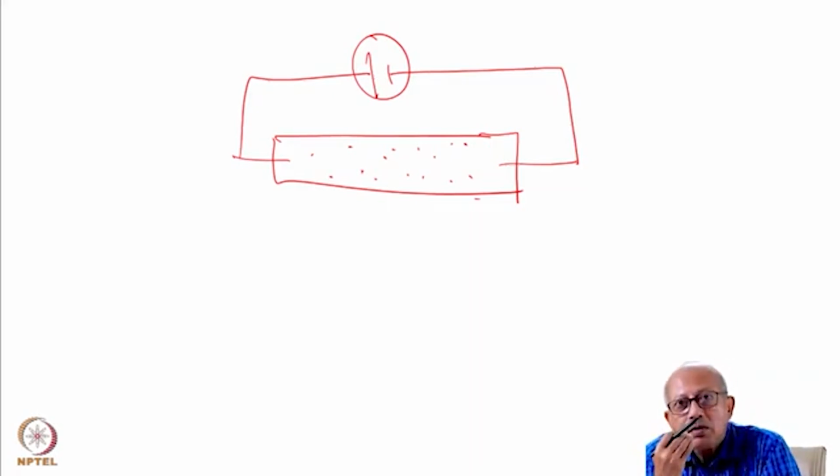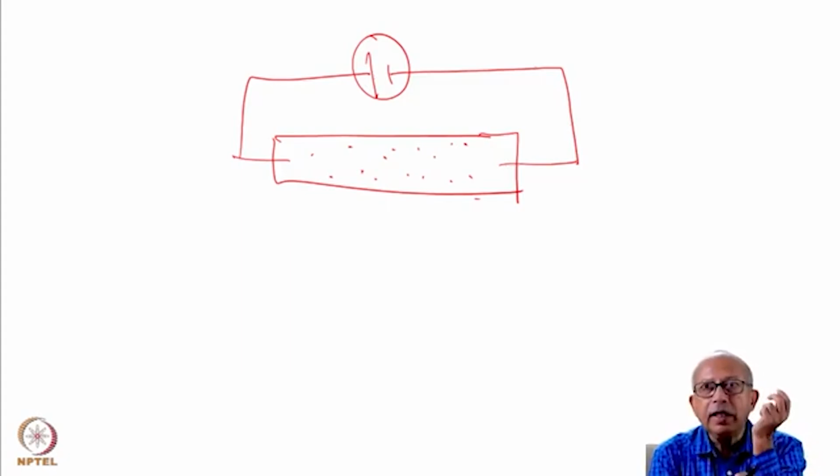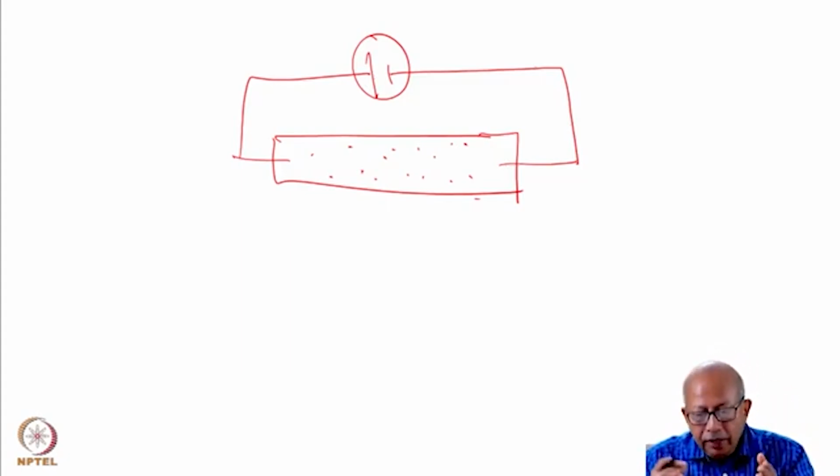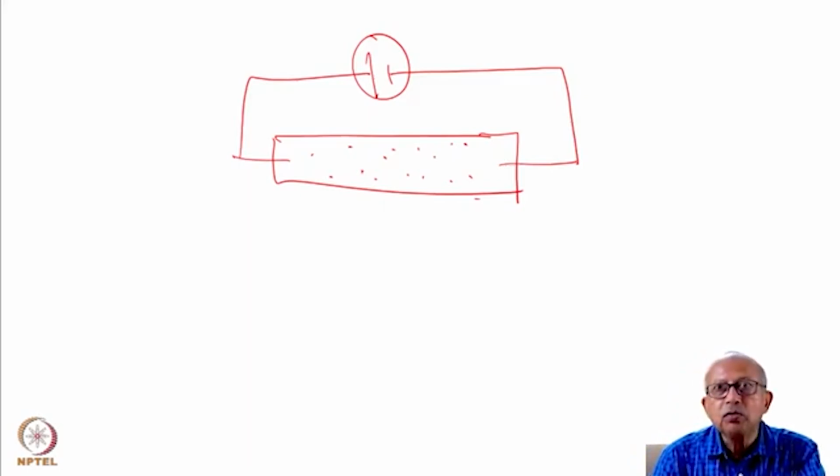As they are accelerated, they gain velocity and thus acquire kinetic energy, and after acquiring sufficiently high kinetic energy, they can collide with other atoms present in the gas in this system.